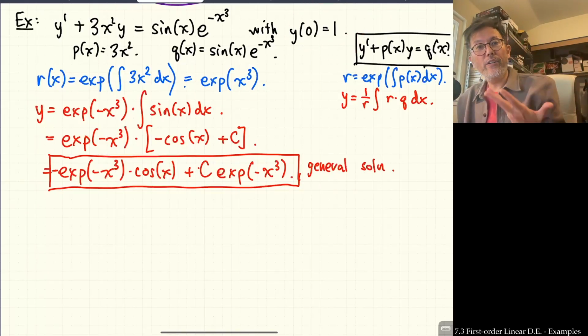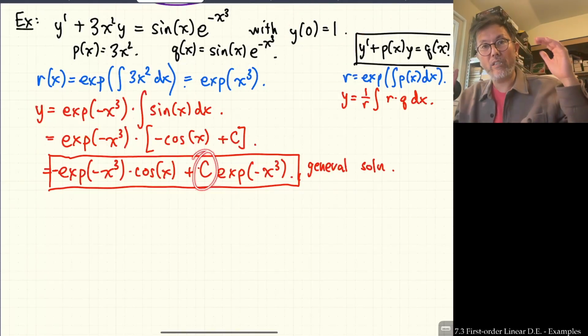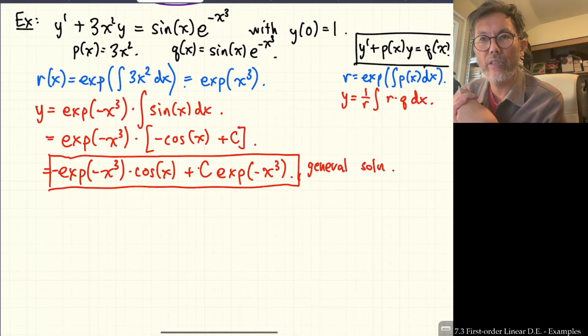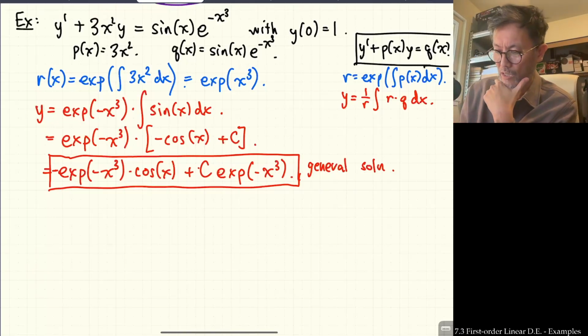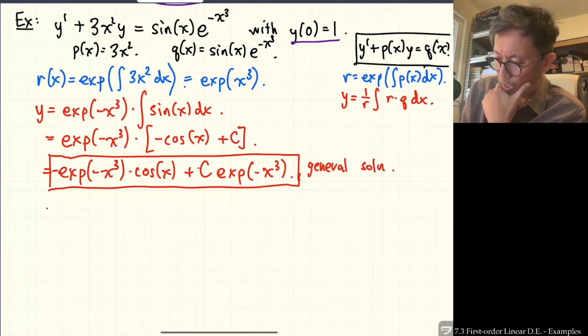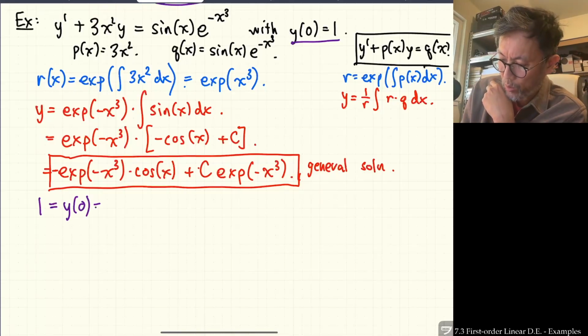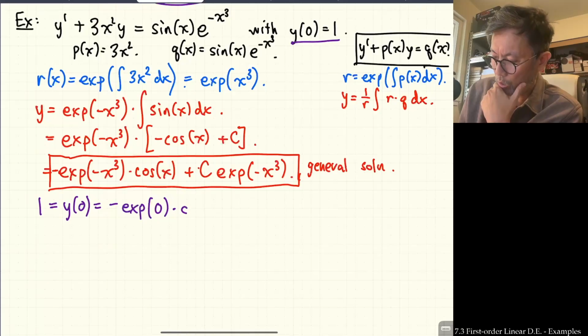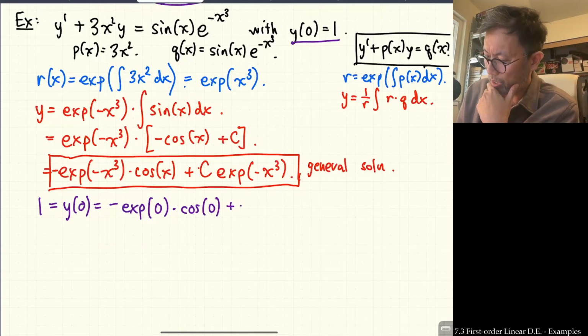That initial condition is going to allow us to pin down a particular value of c that meets the specifications of the initial condition. So let's incorporate it. Let's look at y of 0 equal to 1. So 1 is equal to y of 0, which is negative exponential of 0 times cosine of 0 plus c times the exponential of 0.